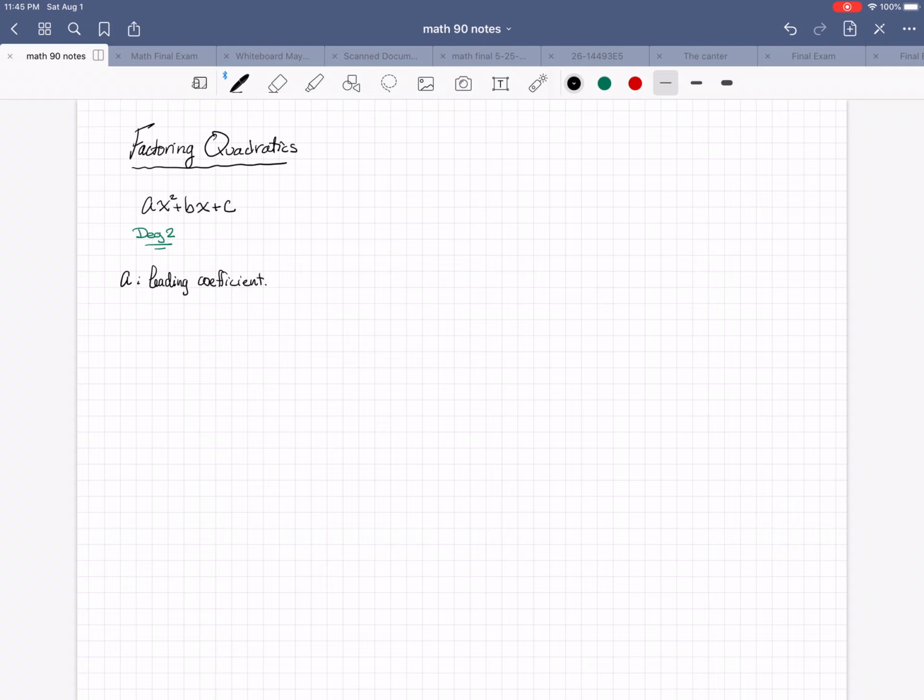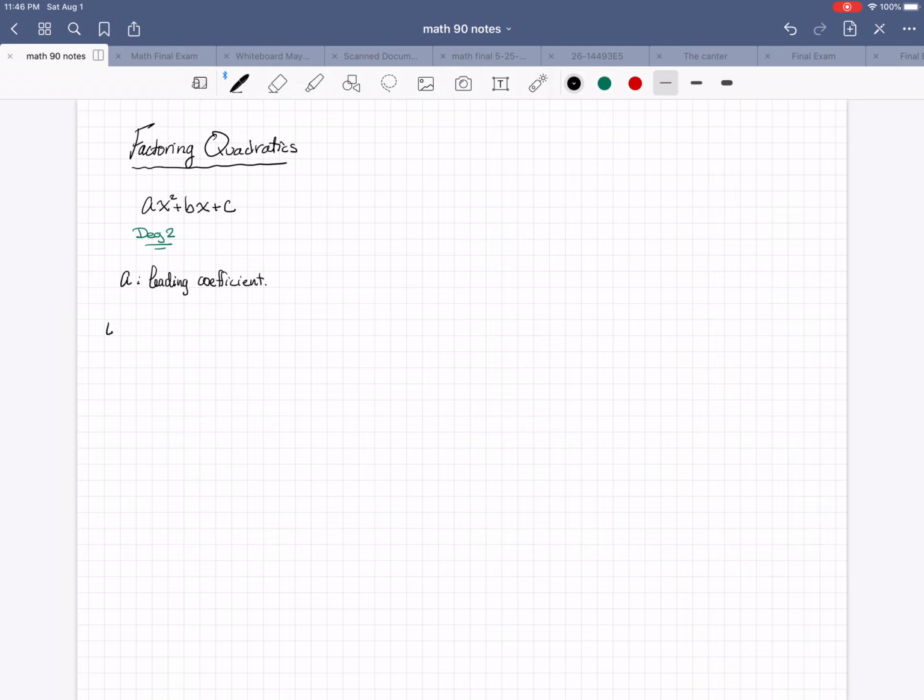The reason that I want to spend a moment on a is that if a is 1, our life gets significantly easier. Let me show you an example. I'm going to take a totally trial and error approach, and we're going to build a technique out of our trial and error approach.